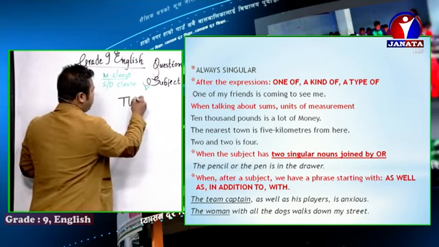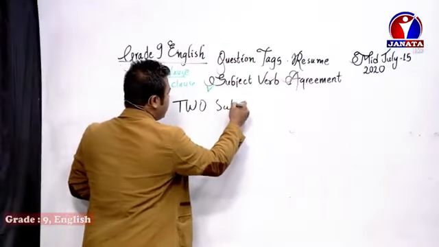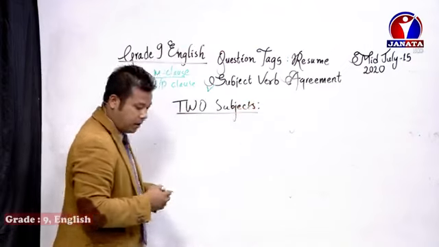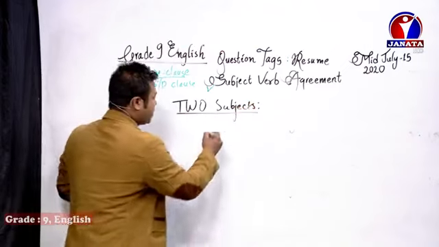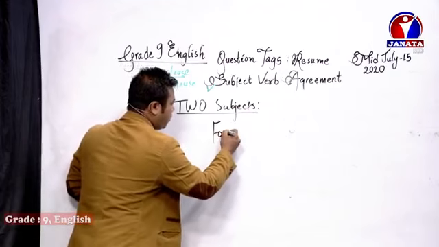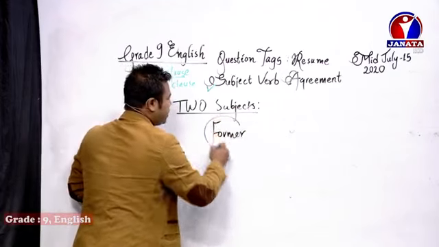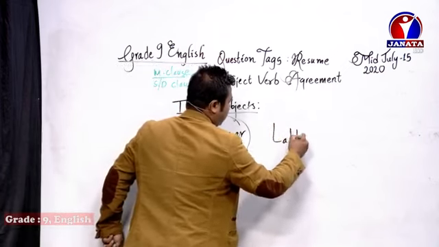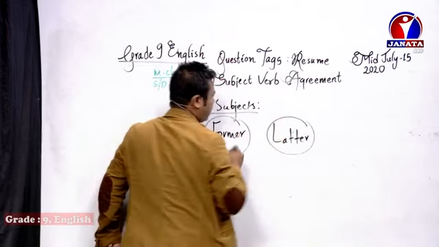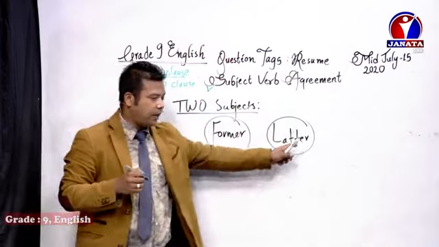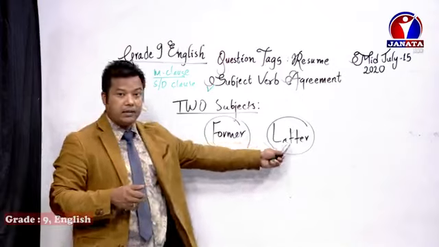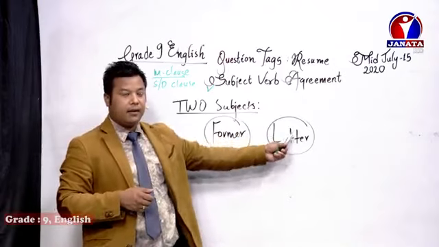Whenever you have two subjects connected using conjunctions, we have got two subjects. The first subject is called former subject, the second one is called latter subject. See the spelling difference? Not single T, it's double T. Former, latter. First, second.